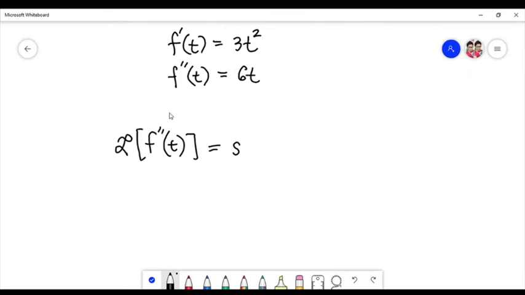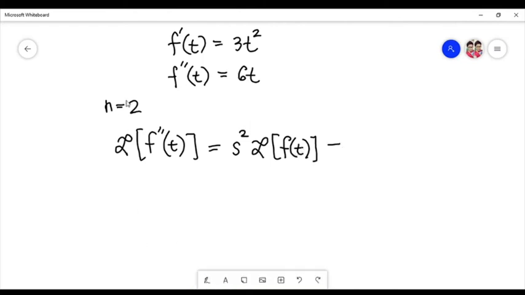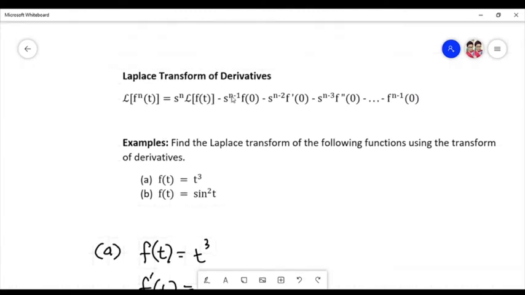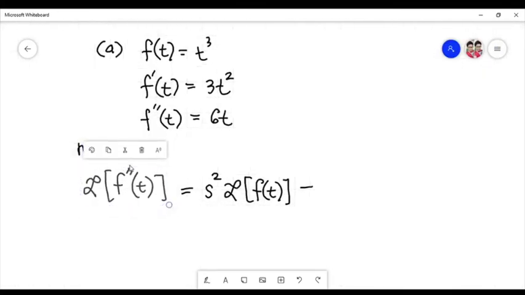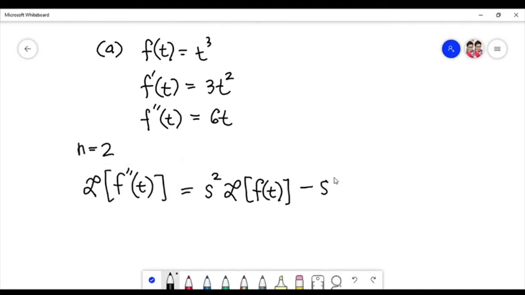Our n is equal to 2, so s squared multiplied by the Laplace transform of f of t, minus the next term, s raised to n minus 1, which is s, multiplied by f of 0.